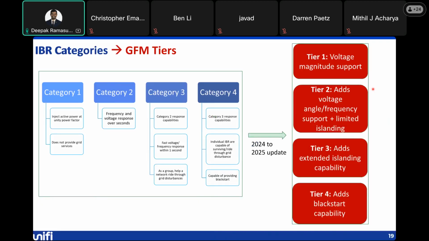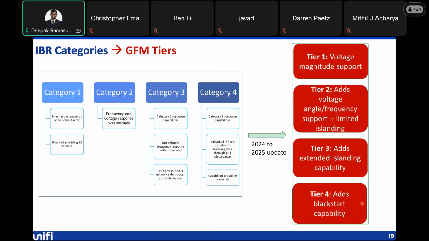So for example, a STATCOM might provide grid forming functionality only on the voltage support category. An eSTATCOM might be able to provide some amount of frequency support or limited islanding functionality. A battery energy storage system might be able to provide more extended islanding capability. And black start by itself is a whole nuanced area on its own, even with grid forming advanced grid support.